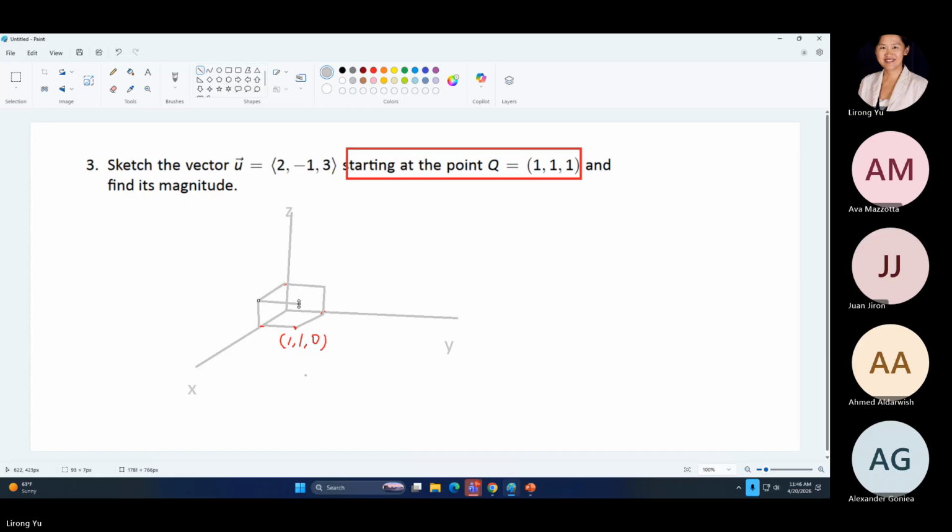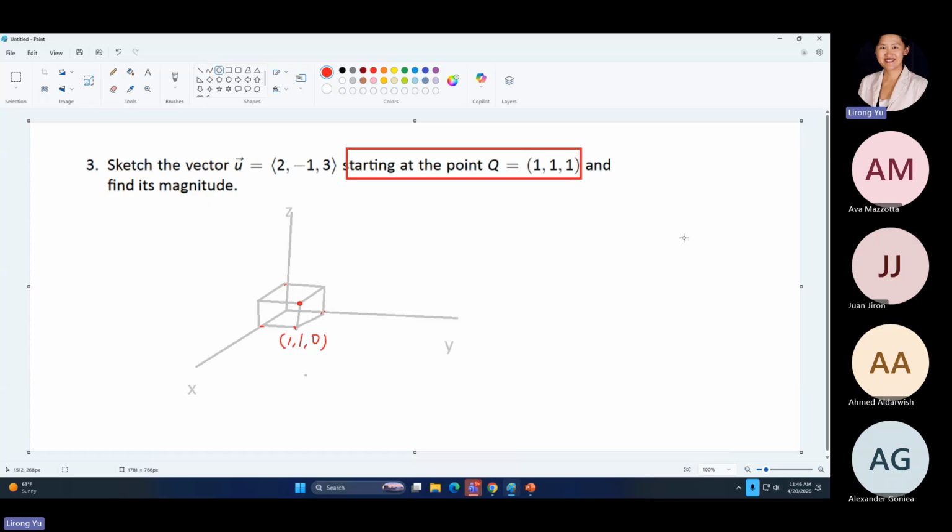And this is parallel to the x-axis, and this is parallel to the z-axis. So finally, we find the point. This one. Okay, so this is a. Yes, I should make it maybe a visible circle. So that's the point (1,1,1), that's the point P.